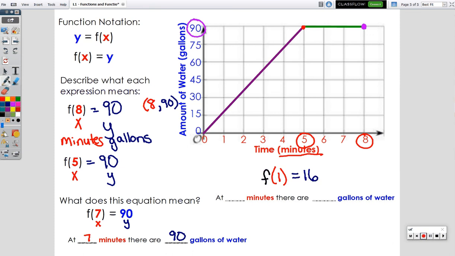At how many minutes there are blank gallons of water. So remember, this is your x value. So this would stand for at 1 minute, there are 16 gallons of water. Okay, and that's just a little bit about function notation. We're going to continue working with this later on. But for now, review this and we'll talk about it more in class.